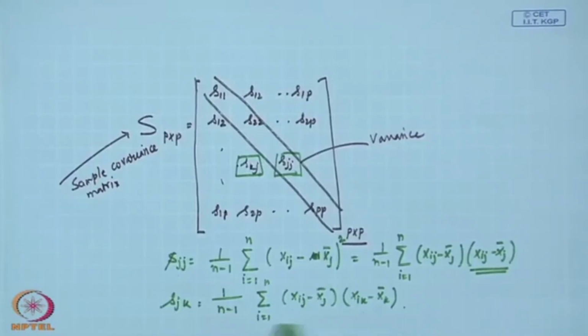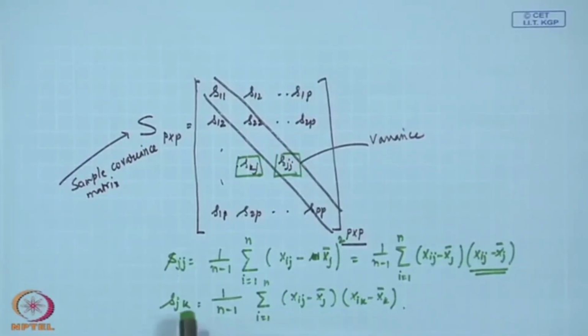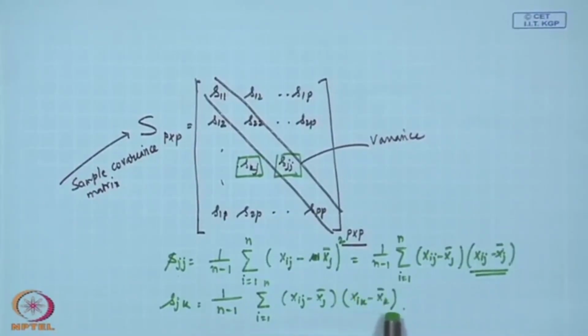That concept we will take here. You see that x ij minus x j bar, that means for the jth variable every element is subtracted by its average. For the kth variable also, every element is subtracted by its average.